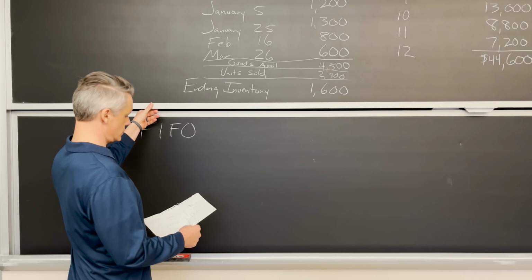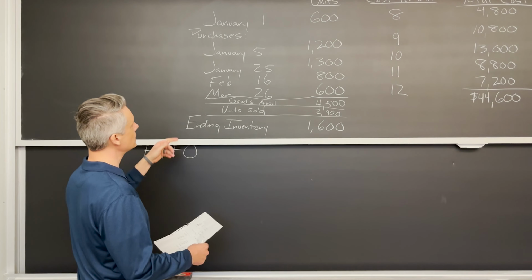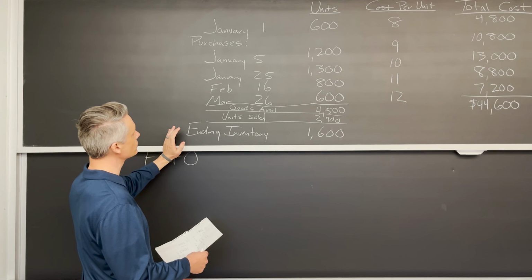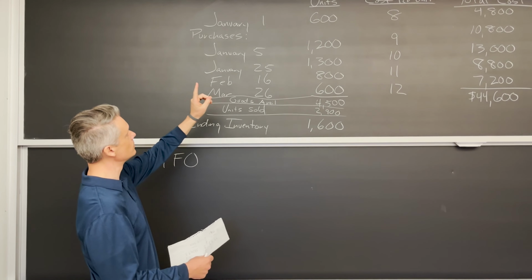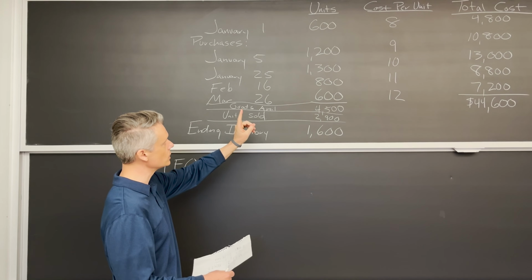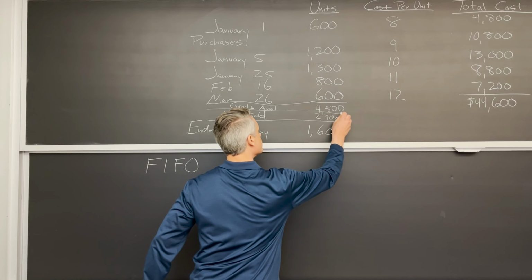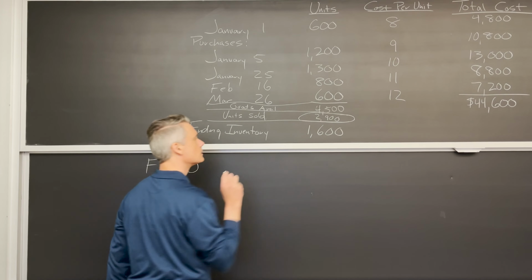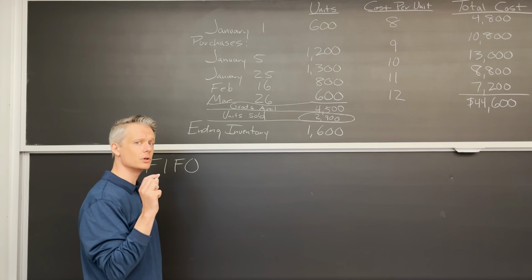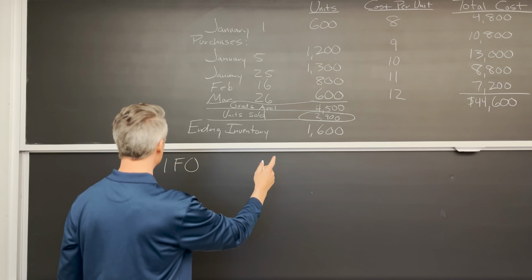We are going to assume that we're selling the oldest units first. That means we're going to assume that we sell the January units first. Remember, we sold 2,900 units. So I'm going to start with January.